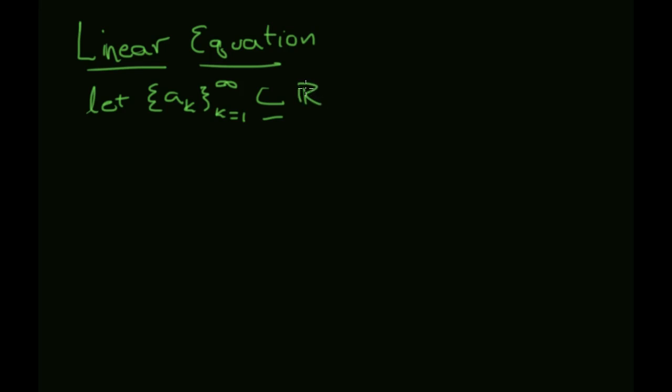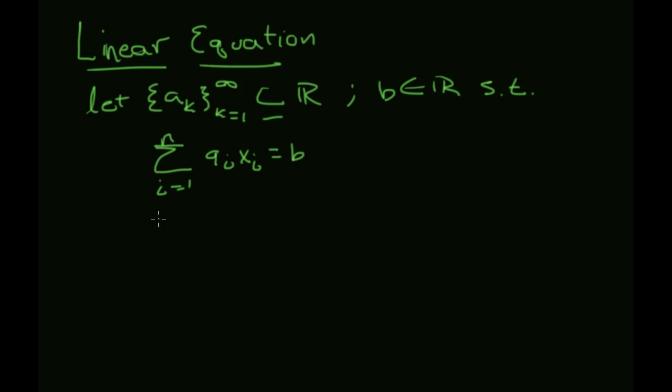So this is a sequence of reals, and we're going to let b be an element of the real numbers, such that the sum from i equals 1 to n of a_i x_i is equal to b.